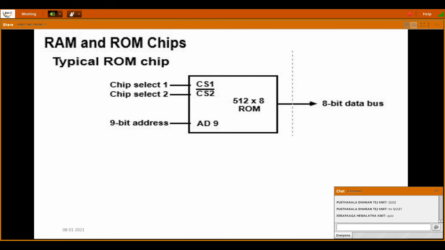ROM is a non-volatile memory, permanent in the computer. Here ROM contains a program called the bootstrap loader program. So ROM contains a program called the bootstrap loader program.